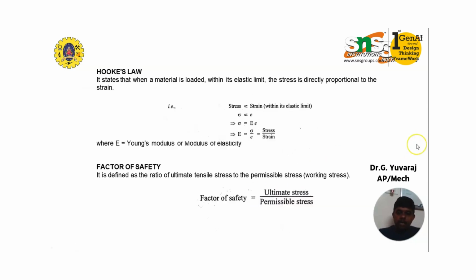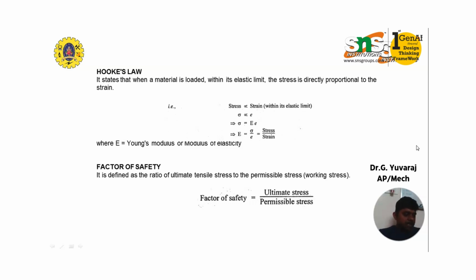Here we are going to follow this entire subject, which is mainly based upon Hooke's law. If you are going to design any material, whenever a load is applied over some material, it should be able to withstand the load within the elastic limit.